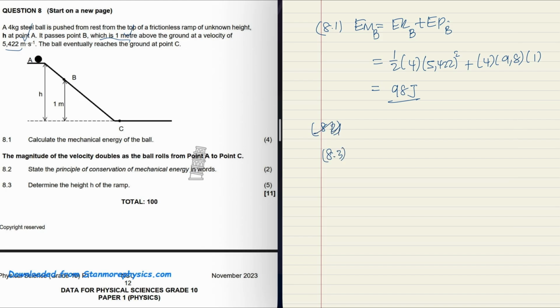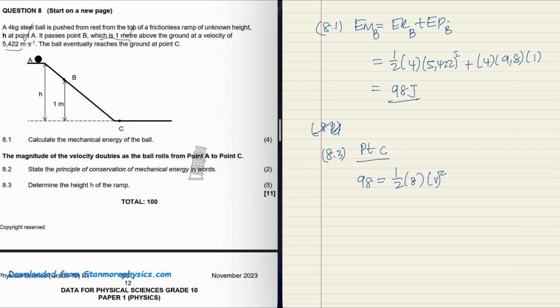So first, let's start with point C. So at point C, I can calculate mechanical energy. So mechanical energy at point C is going to be the same as the mechanical energy from point B. So that's going to be 98 joules. So 98 is going to equal half the mass is 8, and the velocity is going to be v squared, right?